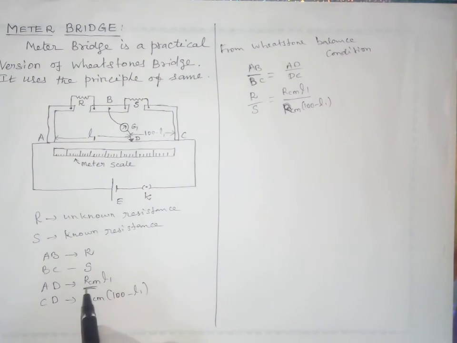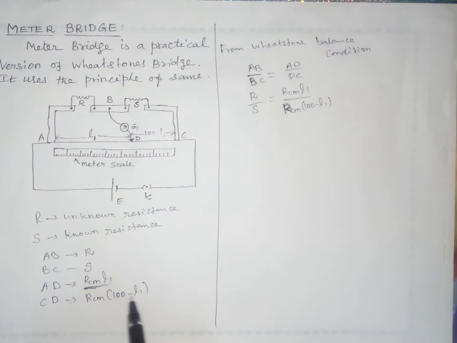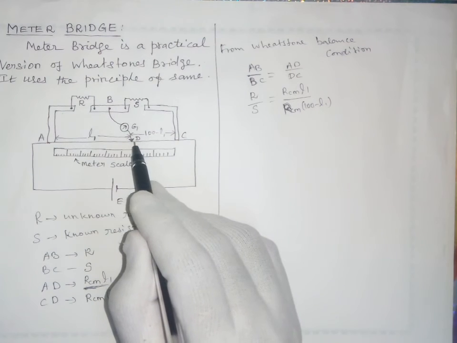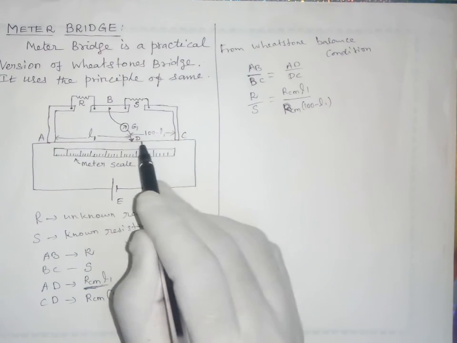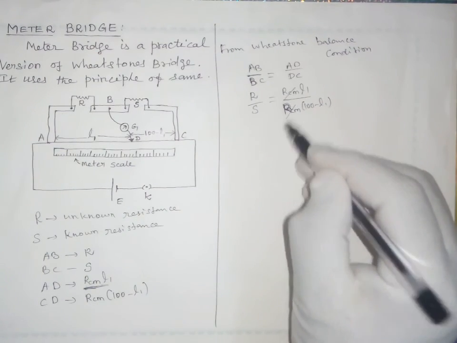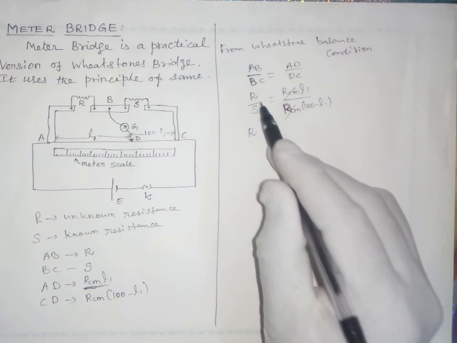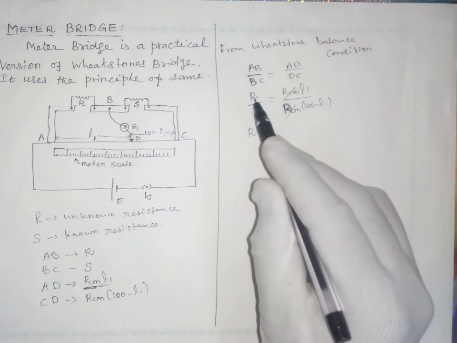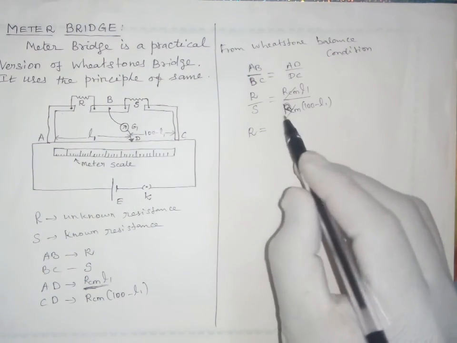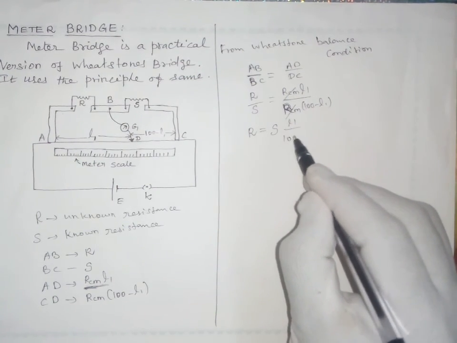R cm L1 is the total resistance between A and D, and R cm into 100 minus L1, where 100 minus L1 is the distance CD, is the resistance in that distance. So R cm cancels, and R, the unknown value to be measured, equals, taking S to the right side where it goes to the numerator, S into L1 by 100 minus L1.